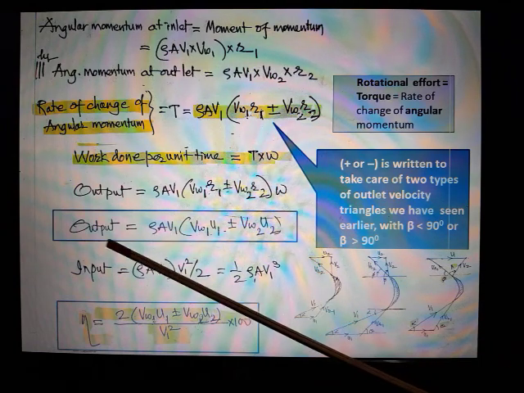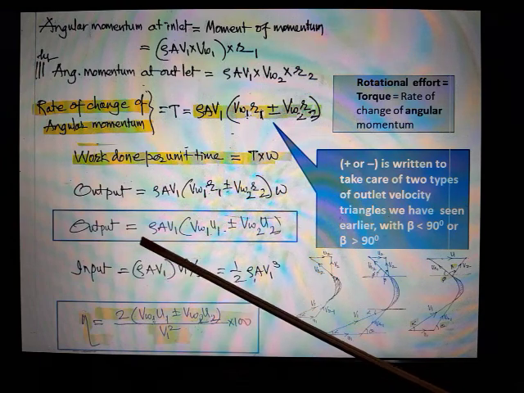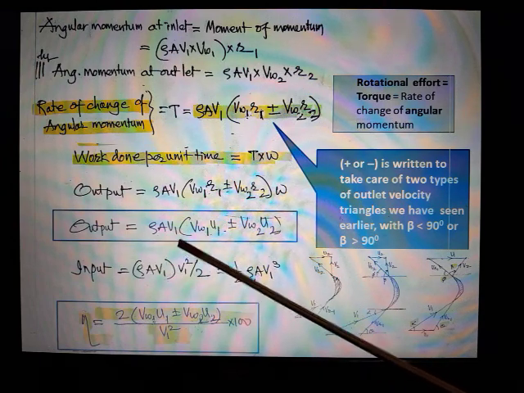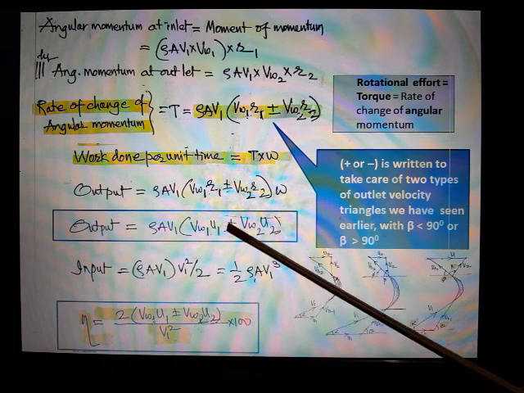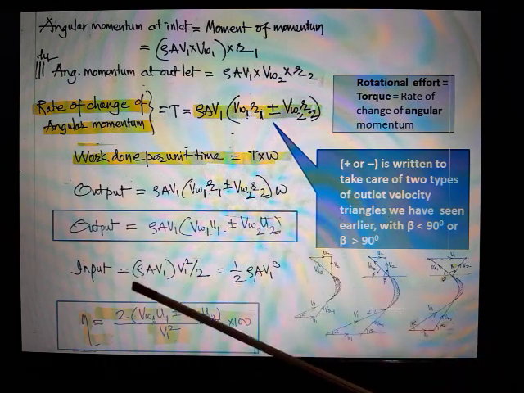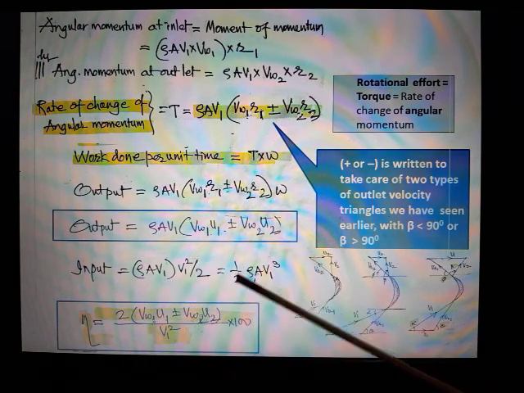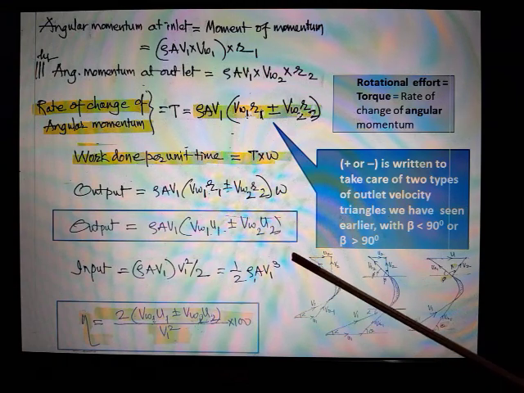So final expression for work done per unit time, that is output, is now rho a v1 into bracket vw1 u1 plus or minus vw2 u2. Input is half m v1 squared or half rho a v1 cube.